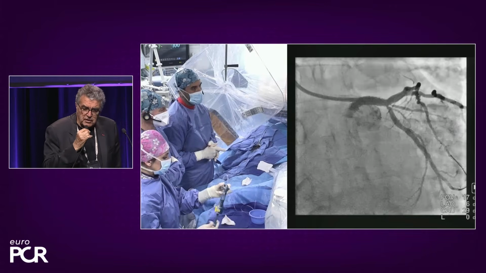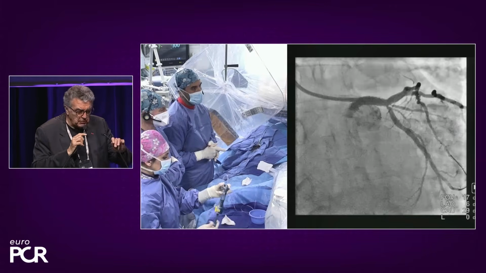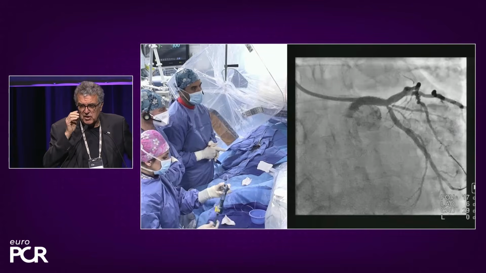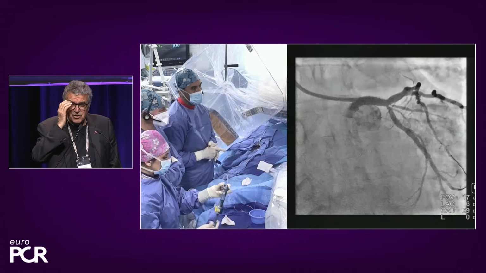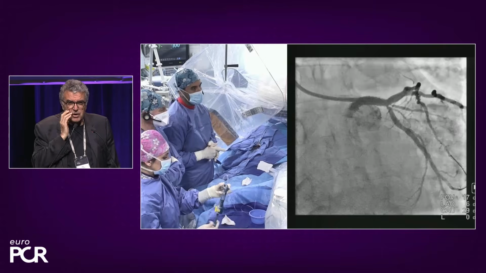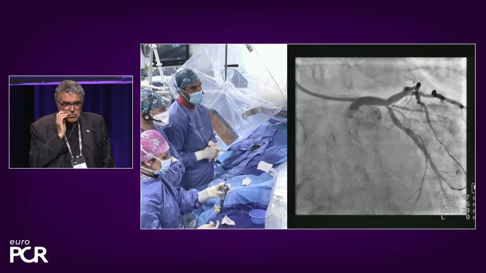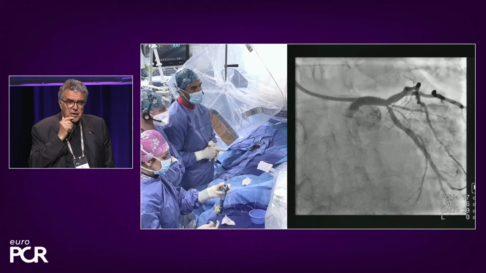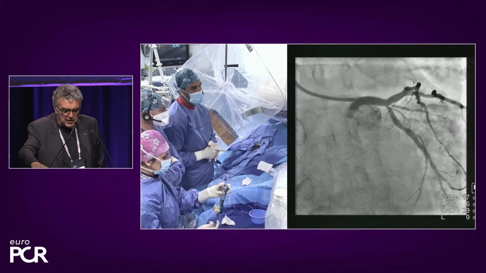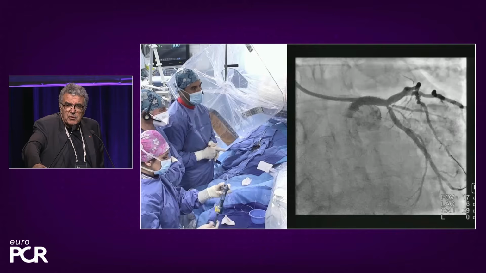No, I think that it depends. Of course, if you want to be really precise, you can use systematically intracoronary imaging, IVUS, also CT, to see exactly the diameter, the apposition of the stent, etc. But there is one rule which is working all the time, very simple.